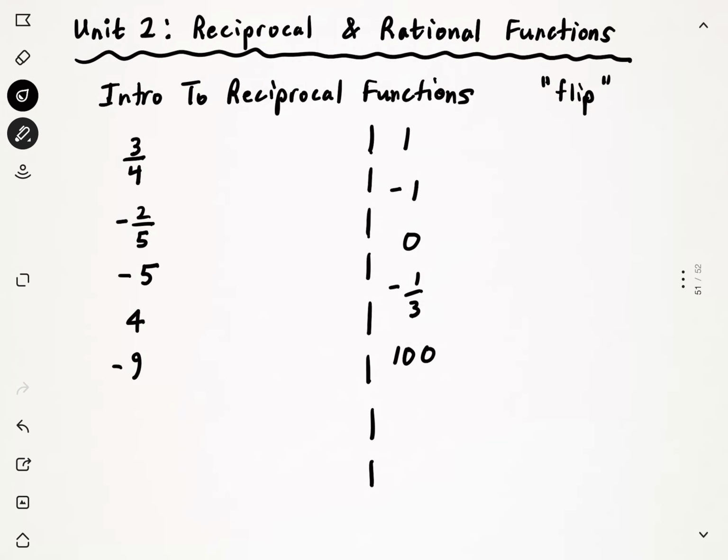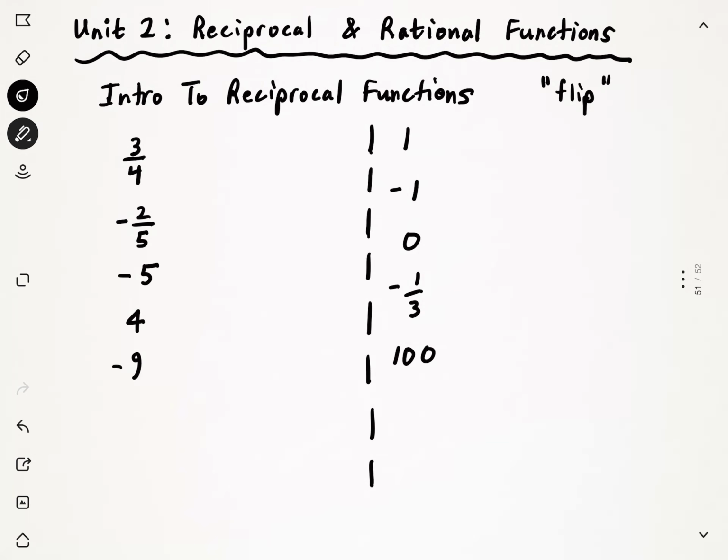So when you reflect a graph, you're just flipping it over a horizontal or vertical line. In this case, we're talking about actually flipping fractions, flipping numbers. So we're never going to flip a graph over an x or y-axis in this unit. That actually might come up, but not in this beginning part for sure.